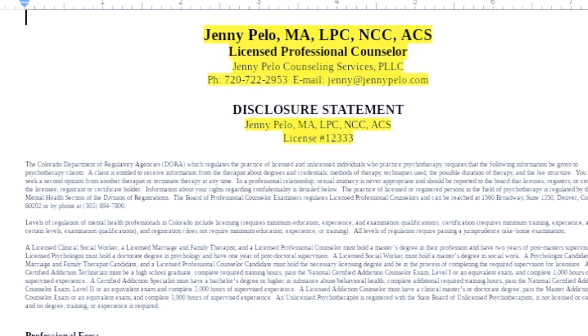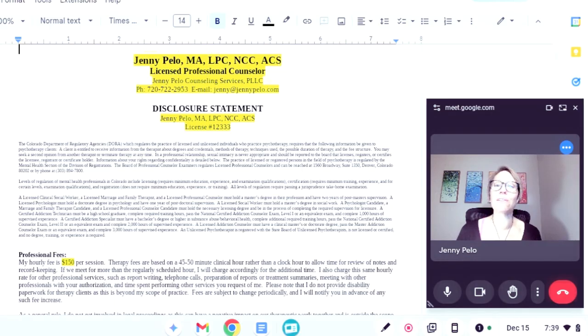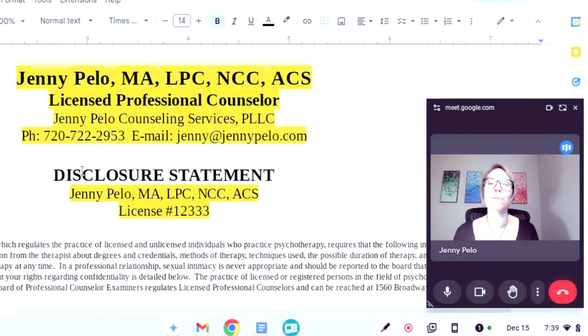This is particularly for the state of Colorado, and the first part here is the disclosure statement. Different states may have different expectations of what you need to put in your disclosure statement. So for this one for Colorado, you're going to start with the information about you.